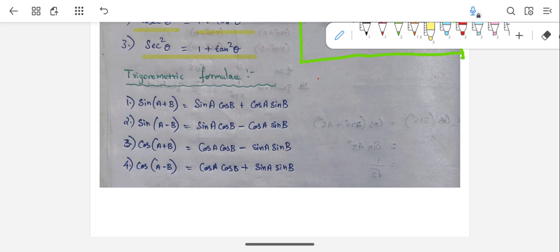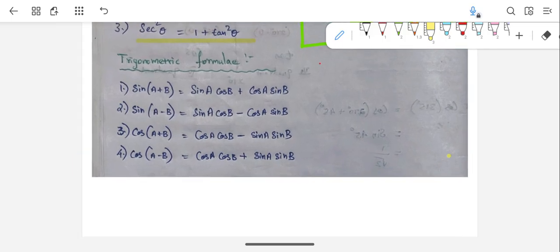Apart from that, you can also use these trigonometric formulas directly if you remember. First we can see these formulas, then I will show you how you can use them.